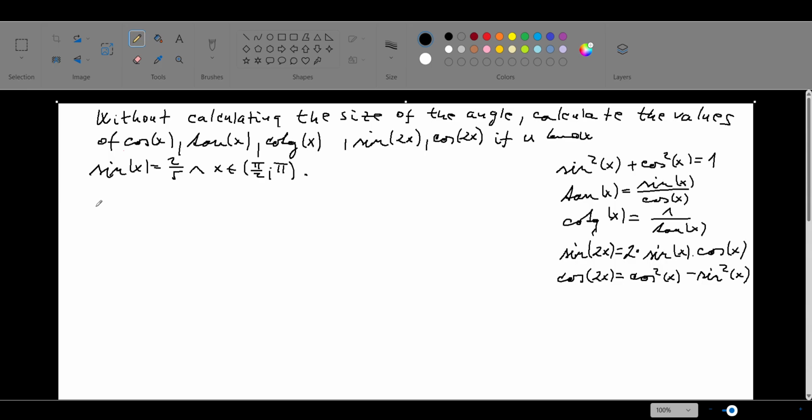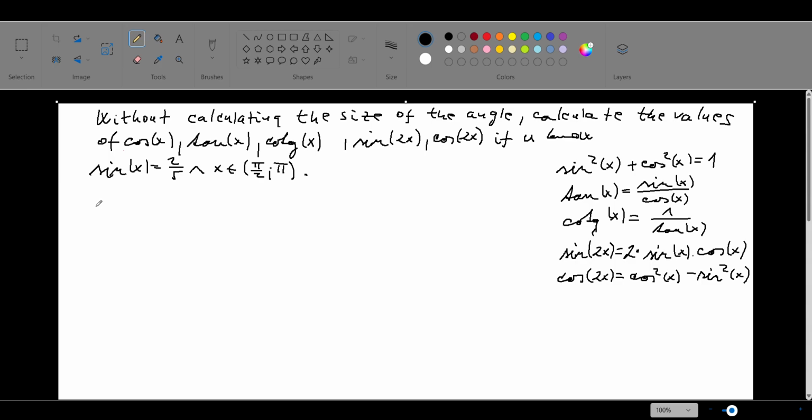So let's start and think about how to find the value of the cosine of x. If you look at these formulas, you will find out that the best way to calculate the cosine of x is the Pythagorean identity, because we know the value of the sine of x, and in this identity we know all the values but not the cosine of x.